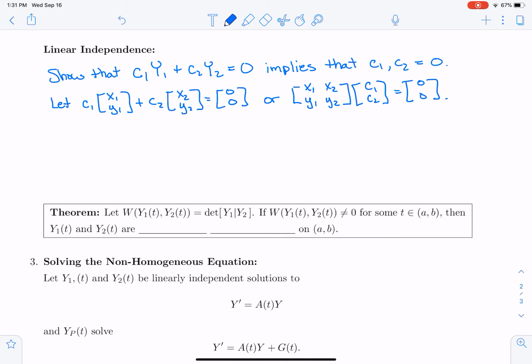Okay, the only solution is that c1 equals c2 equals 0 if and only if our matrix is invertible.